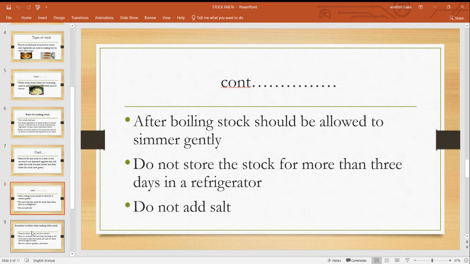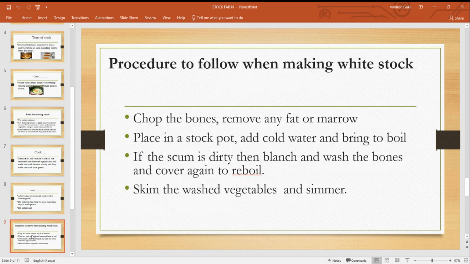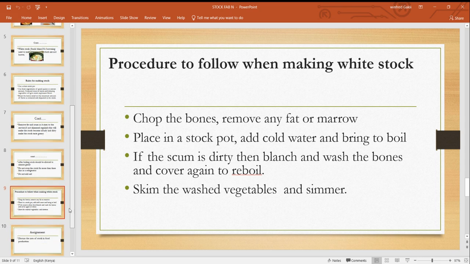Then let us look at the procedure for making white stock. The first procedure, maybe Deborah, you can read for us.